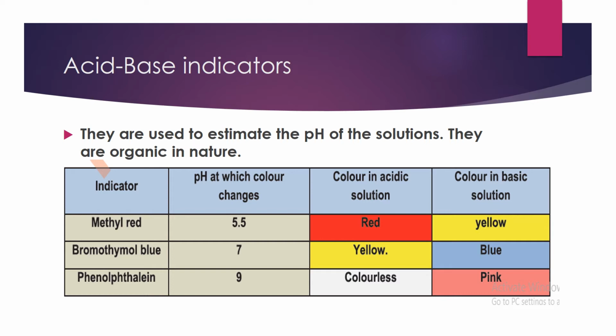At pH 7 it is yellow in the acidic solution and blue in the basic solution. Phenolphthalein is pink in the basic solution and colorless in the acidic solution, and it changes its color at pH 9.